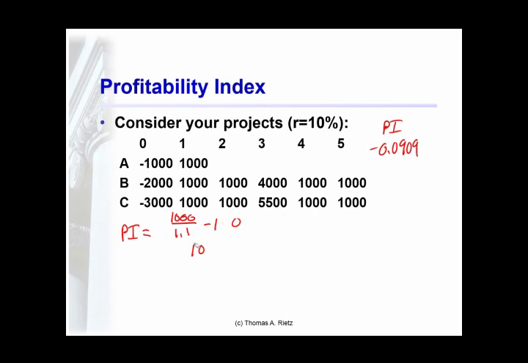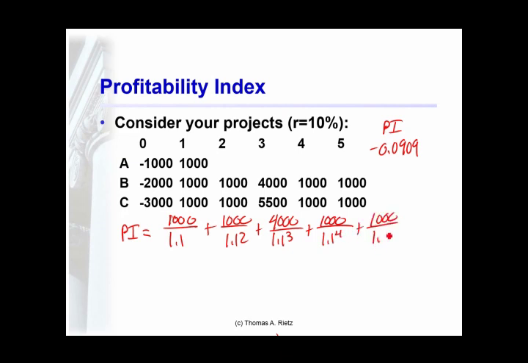What you need to do is discount each one of the future cash flows back to today. So for B, for example, what you're going to do is discount each one of the 5 future cash flows back to today, subtract the cost, and then we'll divide the whole thing by the cost.